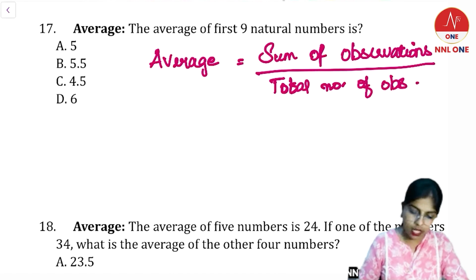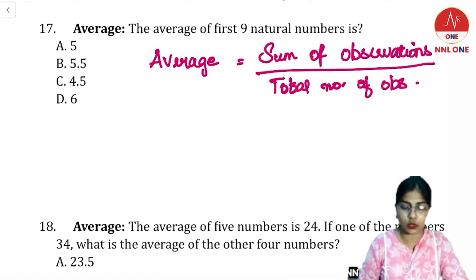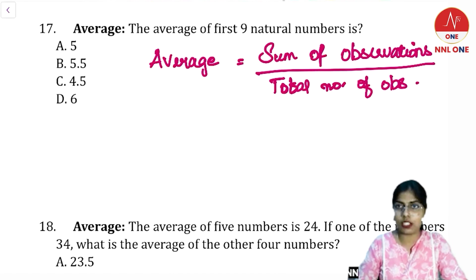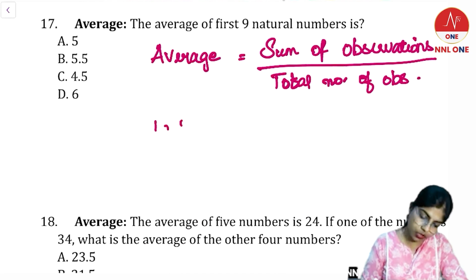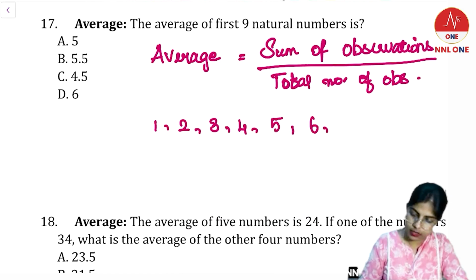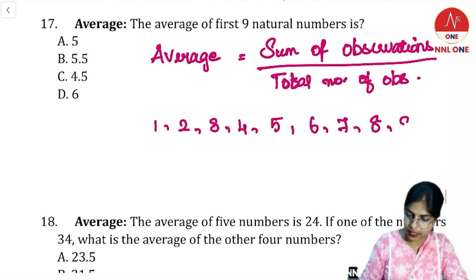So what is the question asked here? The average of the first 9 natural numbers. Natural numbers start with the number 1. So what are the first 9 natural numbers? They are 1, 2, 3, 4, 5, 6, 7, 8 and 9.